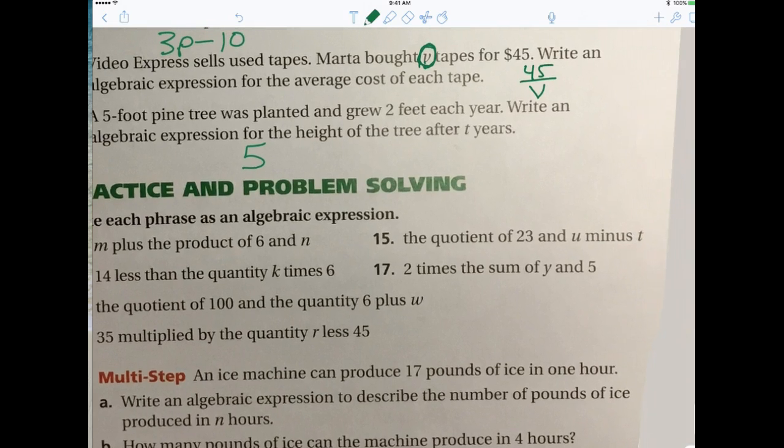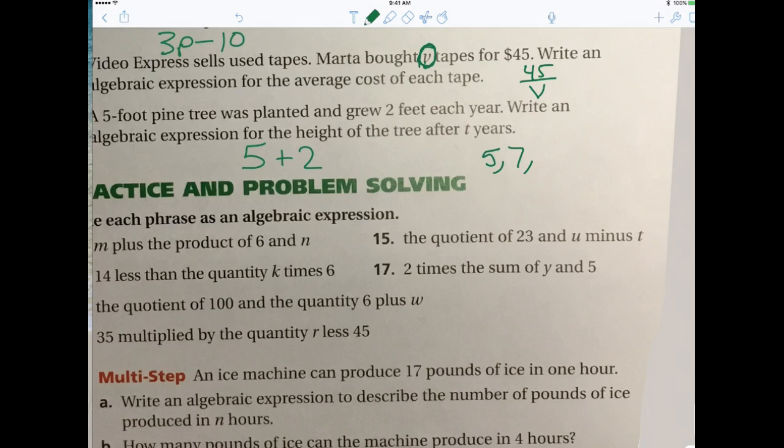So the first year, when you planted it, it was 5. Next year, how tall is it going to be? 7. Then the next year it's going to be what? Oh, wait, no, you add. You're adding 2 every what? Every year.